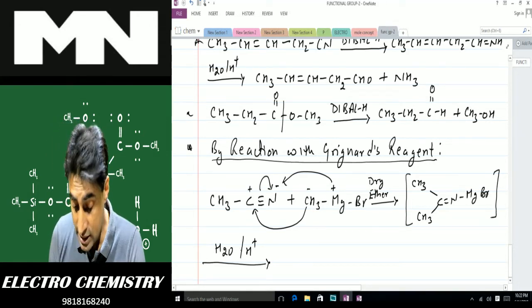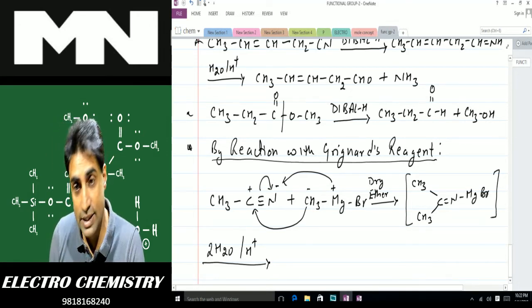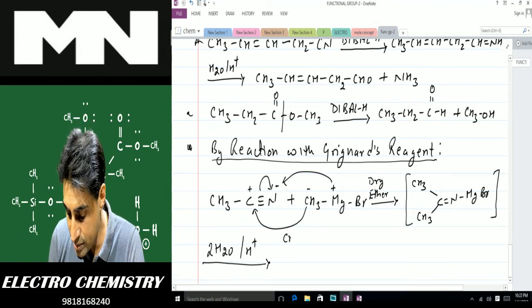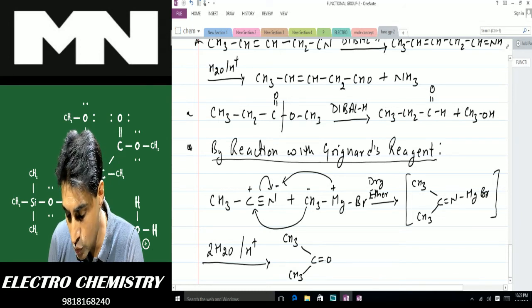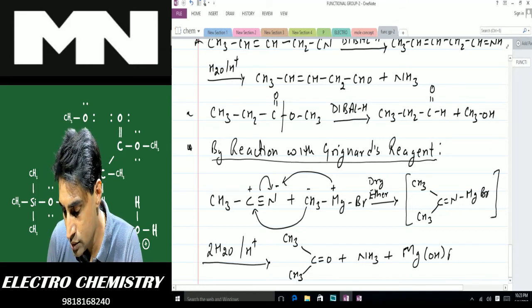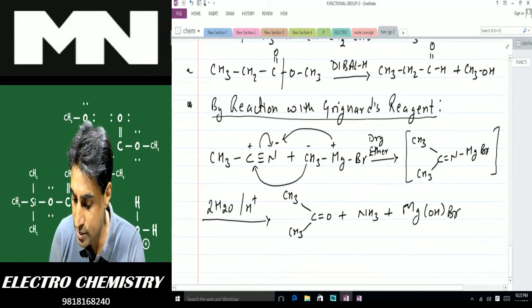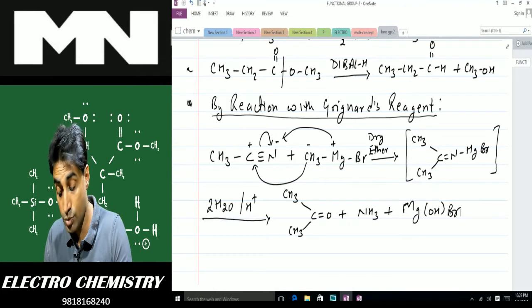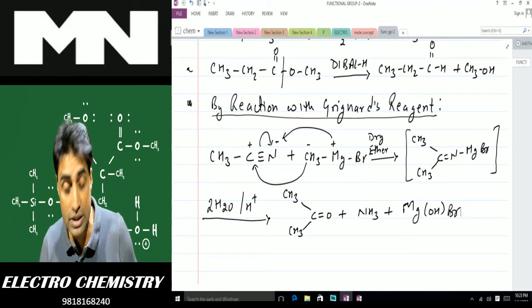From here, actually two water molecules are reacting in this case. So I will get a compound like CH3-C(CH3)=O, plus NH3, plus Mg(OH)Br. Magnesium hydroxy bromide is moving out. So this is how this reaction occurs.